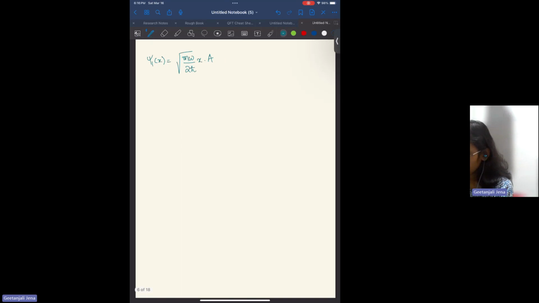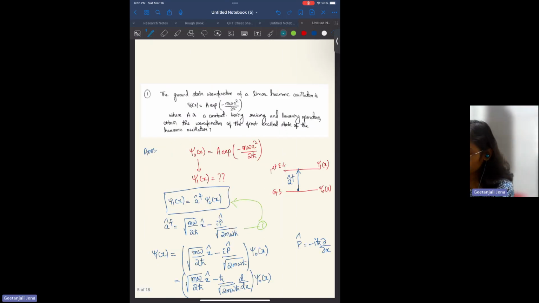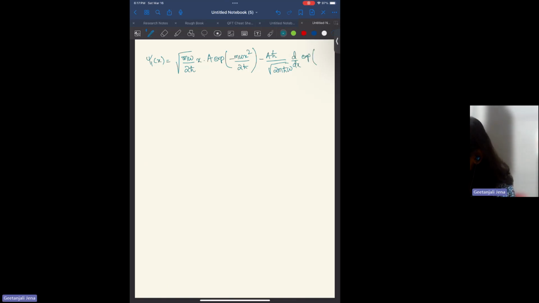Psi1x is equal to root over of m omega by 2h cut times x and A, the position representation in the ground state, which is A exponential minus m omega x square by 2h cut, and the other term is minus h cut by 2 m omega h cut omega, d by dx of exponential minus m omega x square by 2h cut.